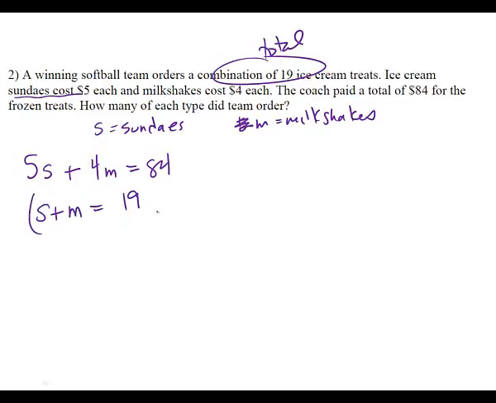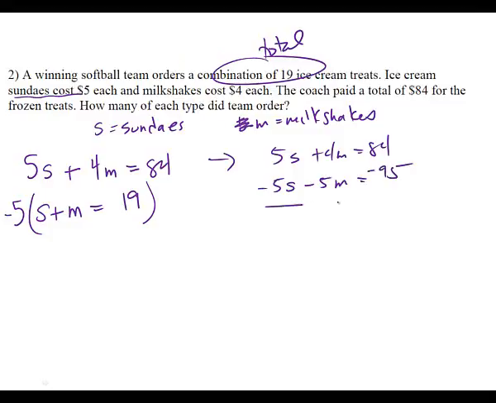Elimination. Okay, so what do we want to eliminate, the S or the M? S. Okay, so I'm going to multiply by negative 5. So I'm just going to rewrite this one. I probably should have planned that better. So negative 5s minus 5m equals, what's negative 5 times 19? Negative 95. All right. The s's go away. What's 4m and negative 5m?